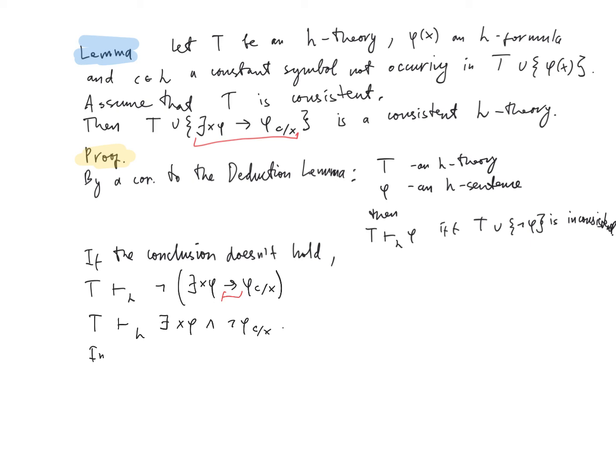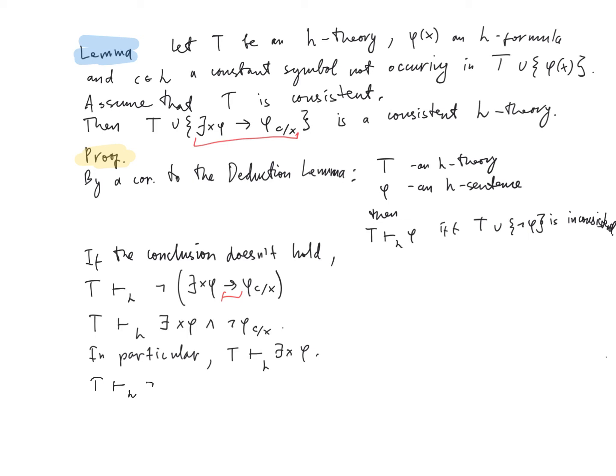So in particular, T proves the first conjunct of this conjunction. So T proves exists x phi. Also T proves the second conjunct.